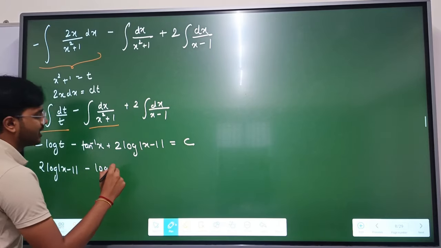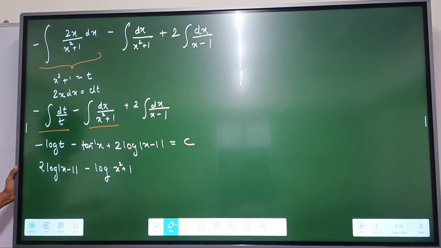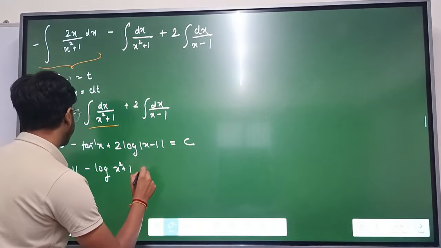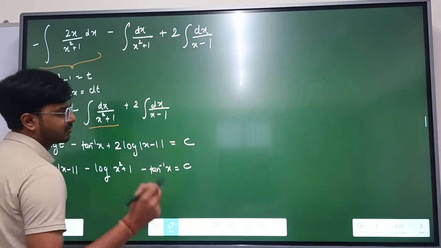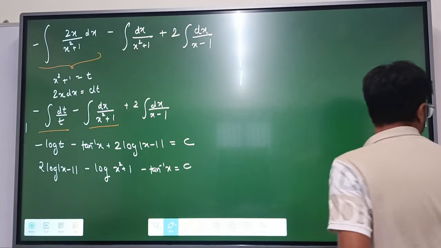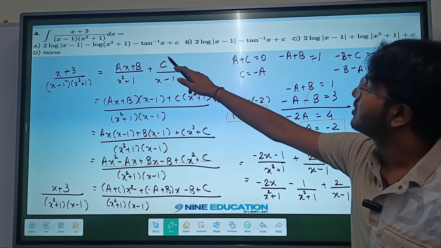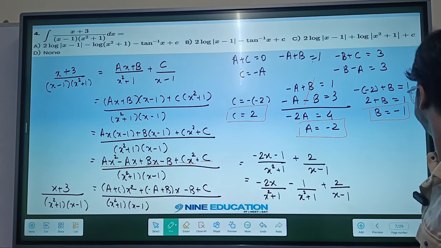What was t? x² + 1. No need to put mod, because the square of any number is always positive, so x² + 1 is always positive, minus tan inverse x equal to c. This will be our answer, which is 2 log (x - 1) minus log of (x² + 1) minus tan inverse x, option A.